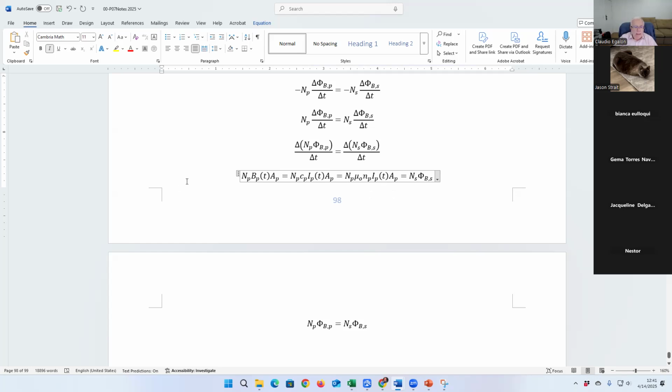Now I want you to pay attention to what we have here. We have parameters that are a function of the geometry of the solenoid, right? The area, the number of turns, and the number of turns per unit length. Okay, I want you to pay attention to that.